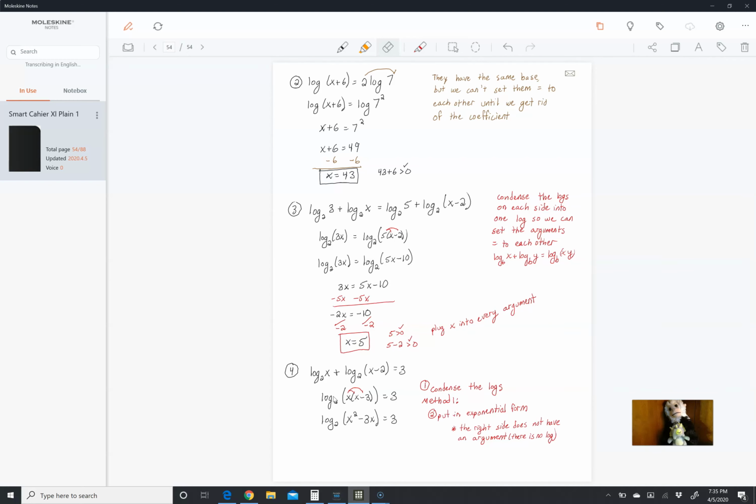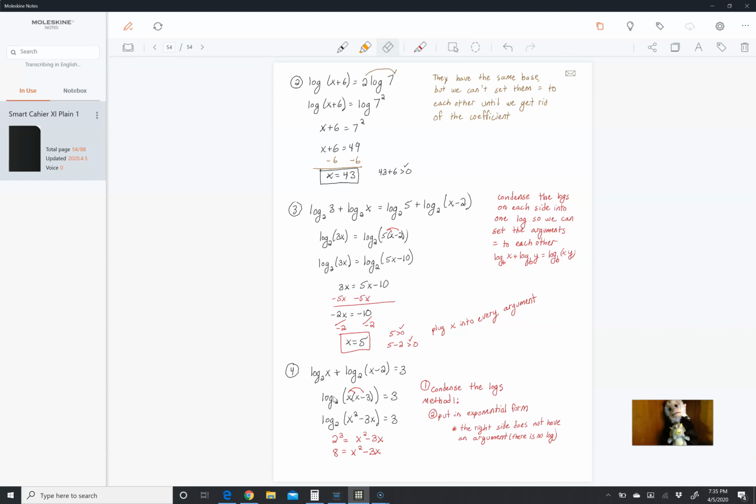So when we put this in exponential form, what you get is 2 to the third is equal to x squared minus 3x. And then we have 8 is equal to x squared minus 3x.